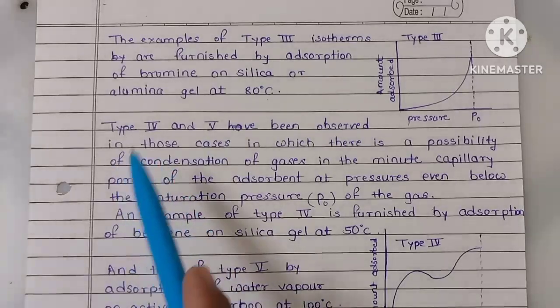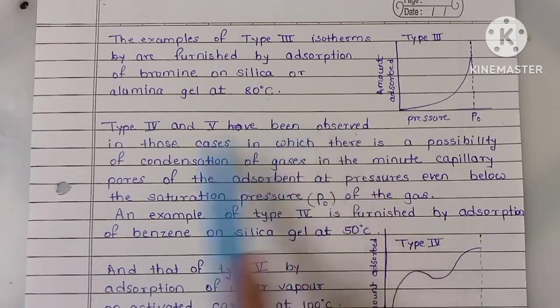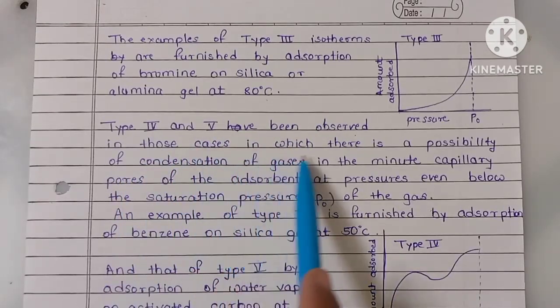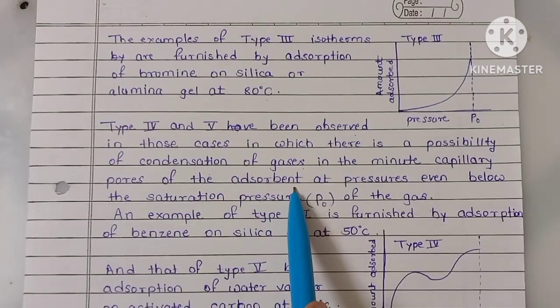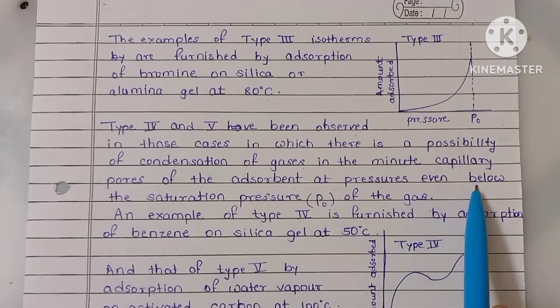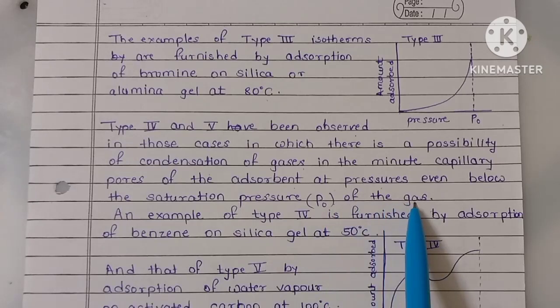Now the next types, type 4 and 5, have been observed in those cases in which there is a possibility of condensation of gases in the minute capillary pores of the adsorbent at pressures even below the saturation pressure P0 of the gas.